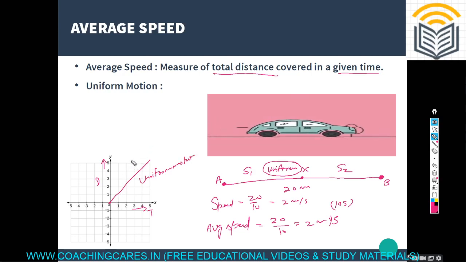This is the speed graph. So take care of that, and always try to find out the nature of the graph and the nature of the motion.